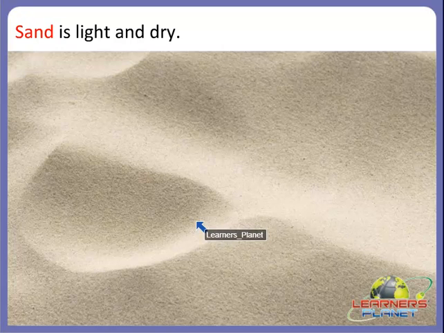So because of this, water passes easily, like we saw in gravel. In gravel also water passes easily because gravel has gaps between the stones. The same way, sand is also light and dry, so water passes easily through this kind of soil, as the particles of the sand are coarse.